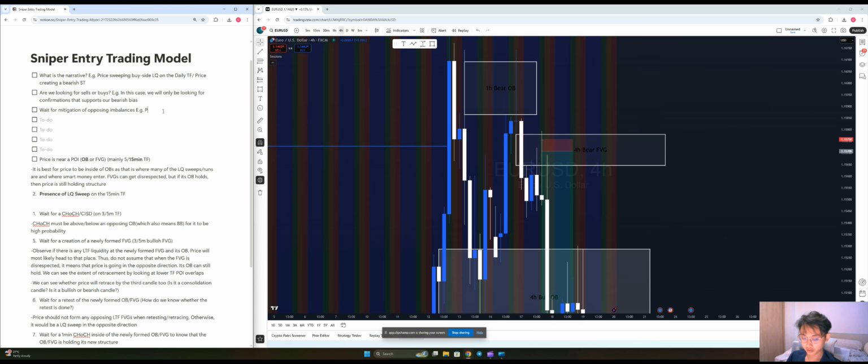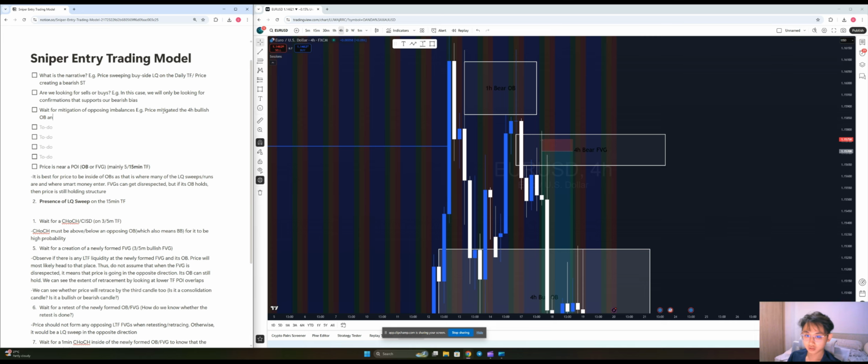Price indicator, the forward bullish order block, up to the, which is our main POI.